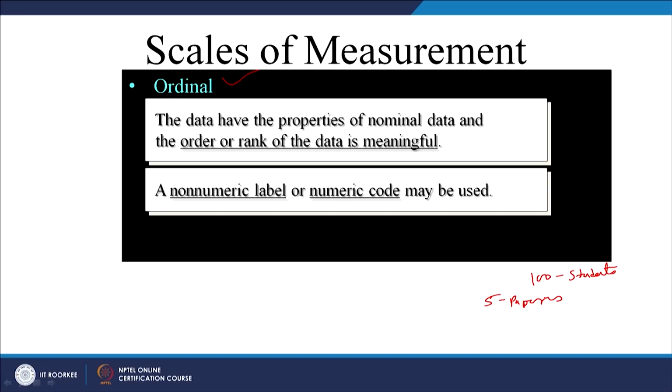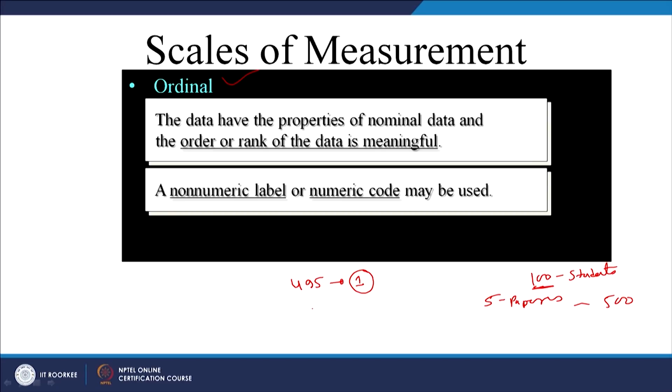So, total marks are 500, is it not? Let us say the topper of the examination scored 495 marks. So, we will say that this fellow has got rank 1. So, this is nothing but a rank order scale.